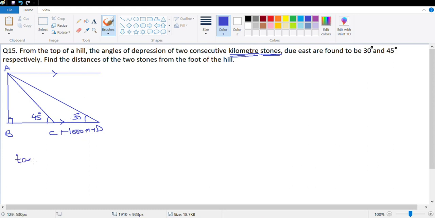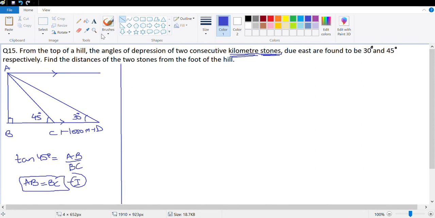So tan 45 degree would be equal to AB upon BC, which means AB will be equal to BC. That's my first one. Next, tan 30 degree would be equal to AB upon BD.